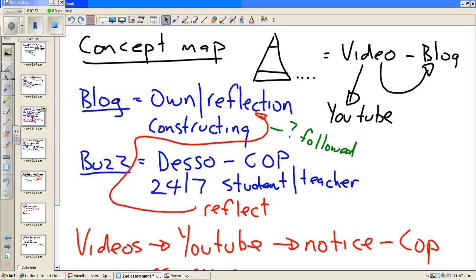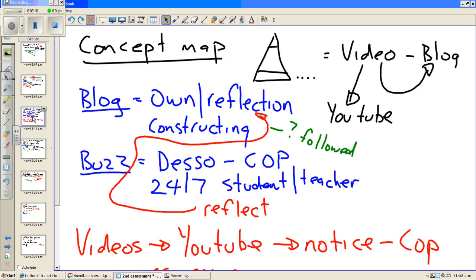Whereas in my concept map, I'm looking at using blogs, Buzz, and other things, and the purpose of the blog is that it's the students' own work, and they're reflecting, they're constructing their knowledge through their blogs. We're using Buzz. I have an example of that where Dezo and I are building up a community of practice, but we're finding that the students, when they Buzz, can do it 24/7. So both student and teacher can work on this, and we can look at that for reflecting when we come back to the blogs.